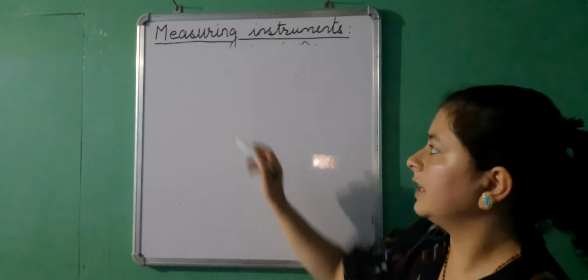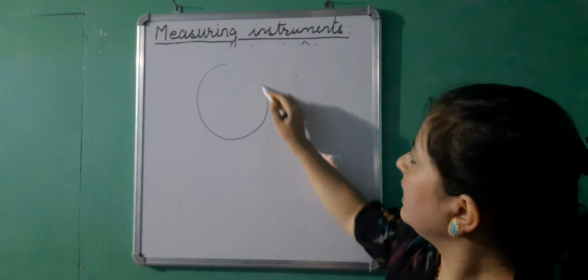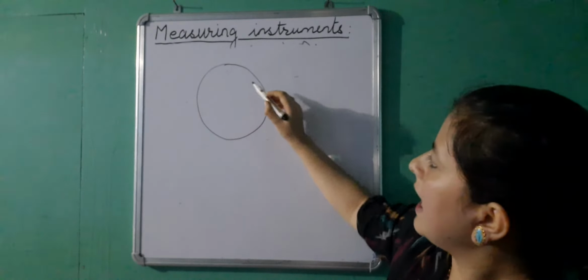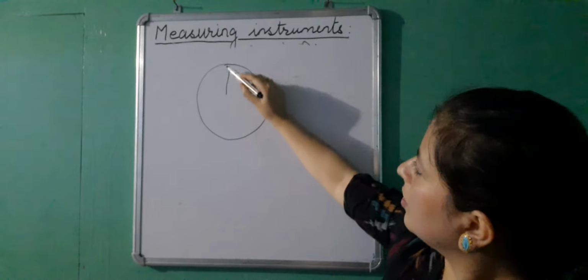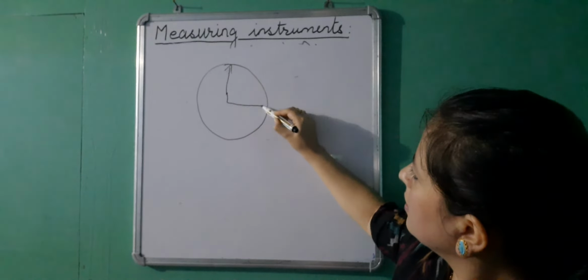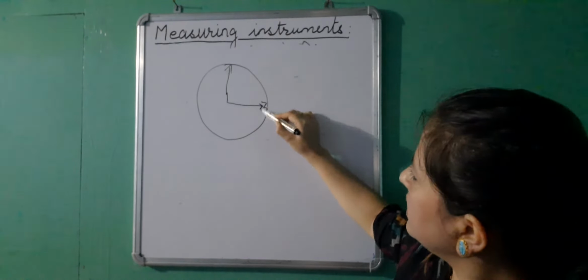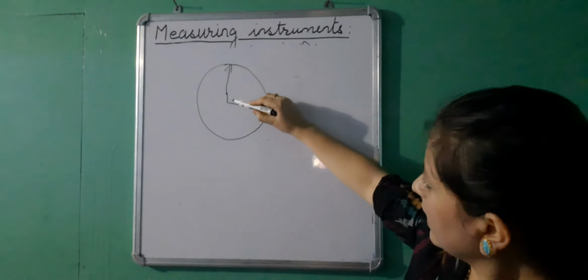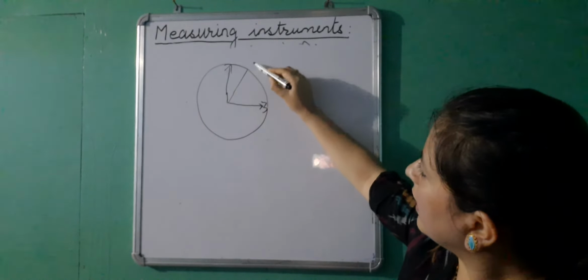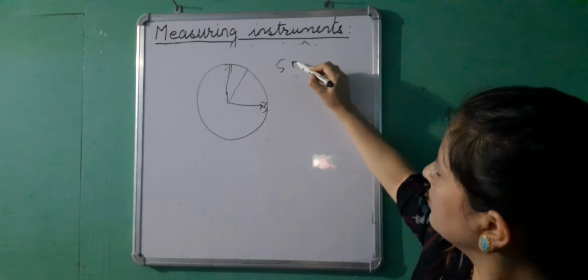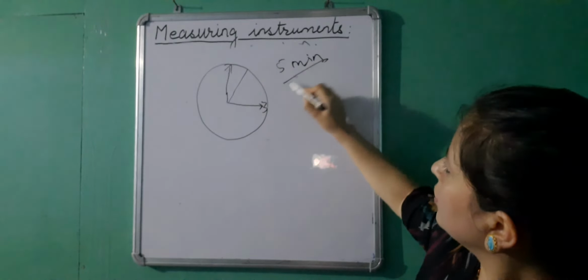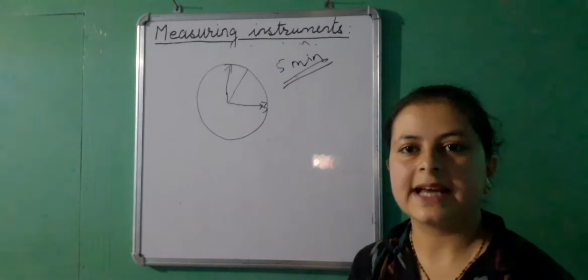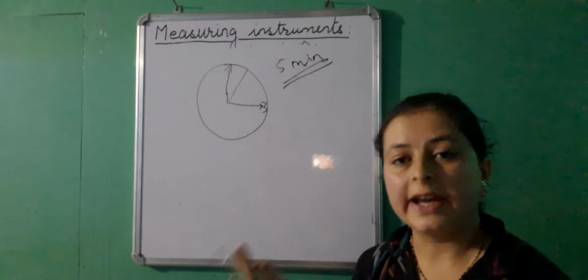Another example for error: if I take a clock, and say the clock is showing a time of 3 p.m. here, but the clock is ahead by 5 minutes. We know that the clock is faulty, it has an error, it is running ahead by 5 minutes.